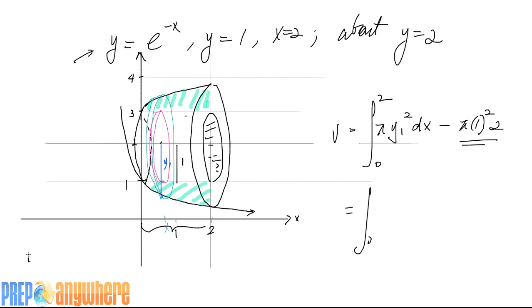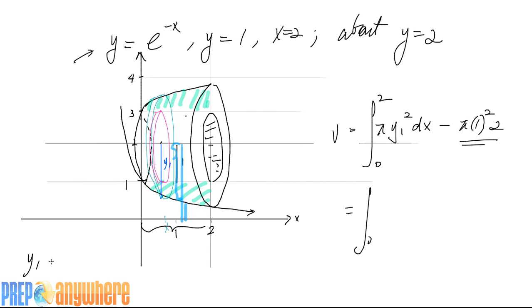So what's y1? This is how we're going to find y1. We first get this height, and if we subtract off the height of the exponential function, we get only that left over.